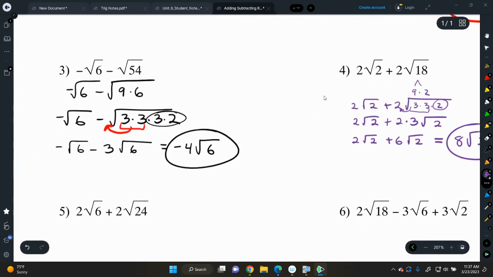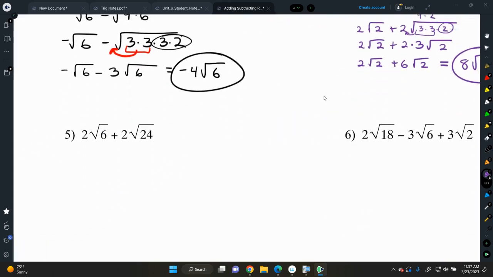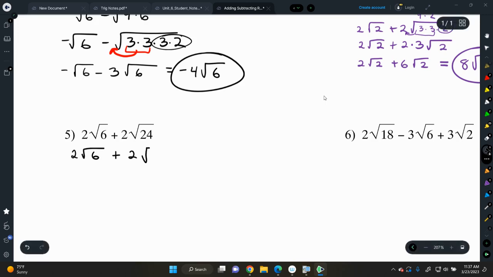Okay. MJ, how about number 5? I had put, well, I put 2 square root 6 plus 6 times 4. Well, I didn't put the 2, like I put 6, 4. Okay, so you factored the 24, 6 times 4. Okay. Don't forget, we got to leave that 2 there, right? That doesn't disappear. That's still going to be outside.